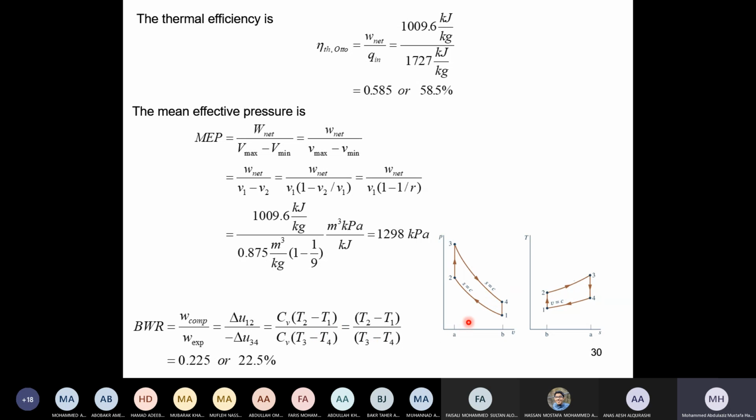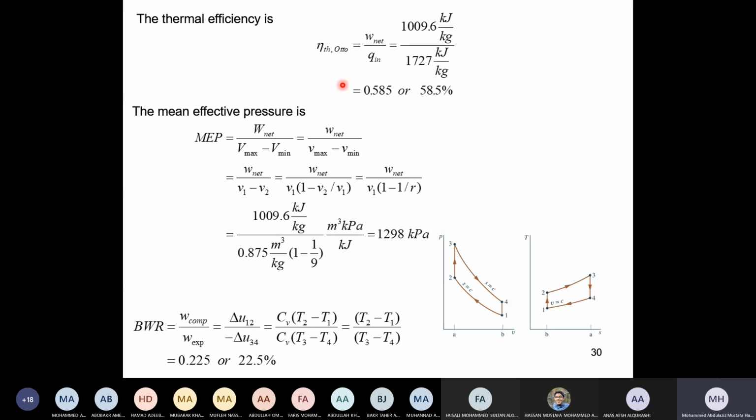So for vapor power cycle, W compression is very small. In gas and internal combustion engines, the compressor work takes 22.5, or let us say 25%, 1/4 of the work. So this is too high because this is a compression of a gas. When you compress a gas, it takes more work than compressing liquid. So this is the first note I wanted to mention here.